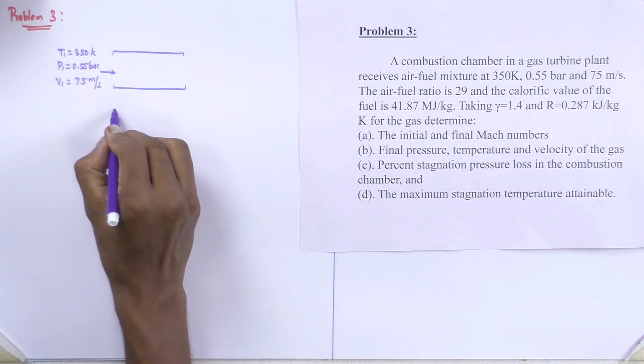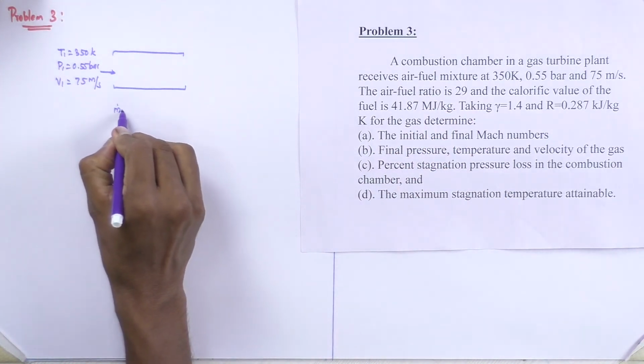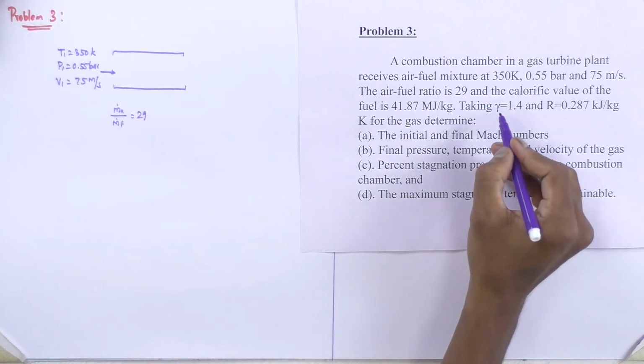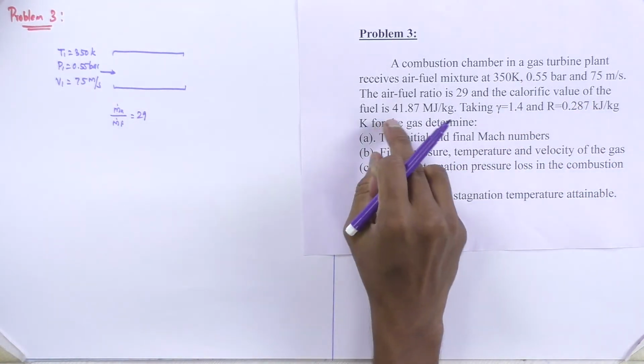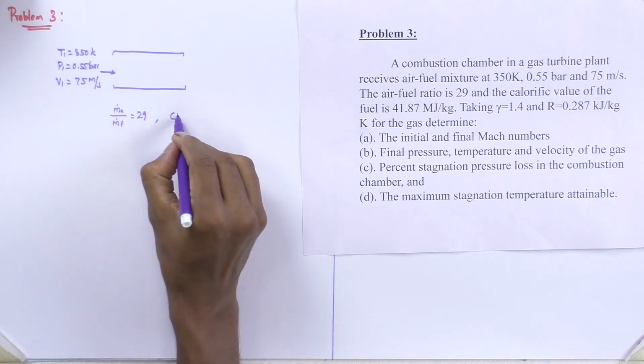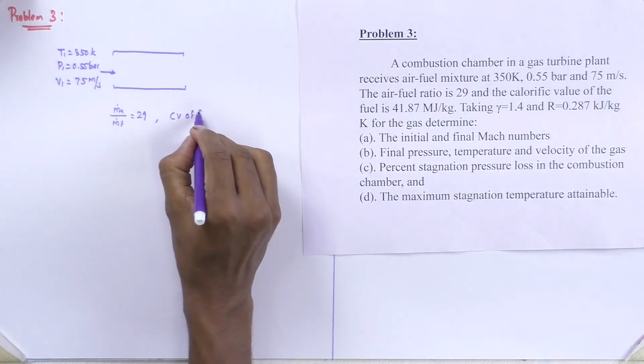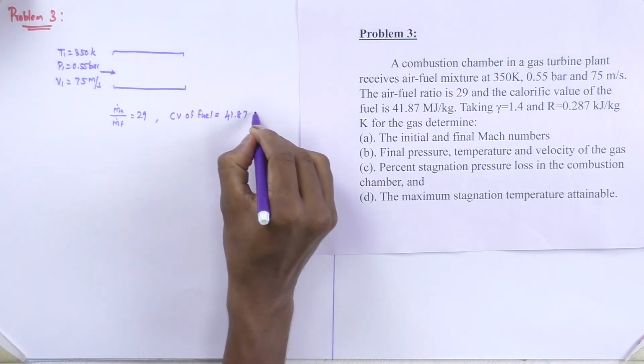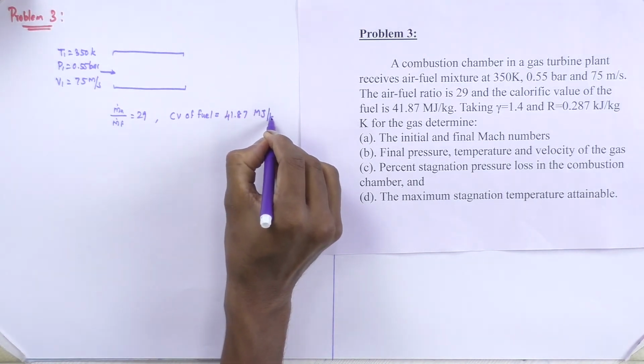That means mass flow rate of air divided by mass flow rate of fuel is equal to 29, and the calorific value of the fuel is CV of fuel, equal to 41.87 megajoule per kg.